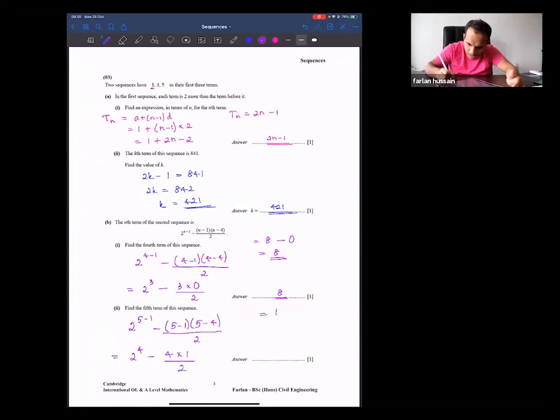So 2 to the power 4 is 16 minus 4 into 1 over 2 is 4 over 2, that is 2. 16 minus 2 is 14. That's 14. That is the fifth term. So guys, if you know the general expression for any term, the nth term, you can find any term by just substituting the value of n into the equation.